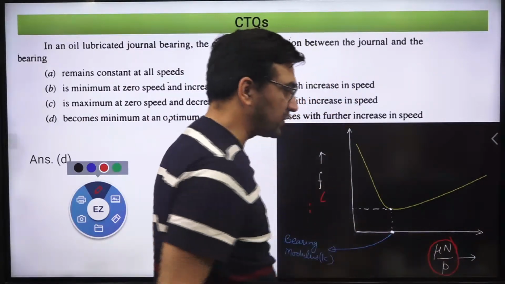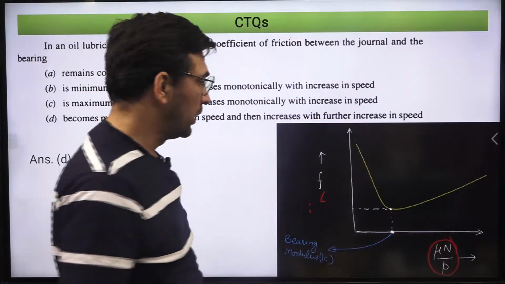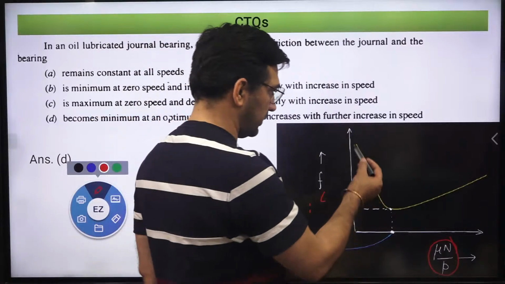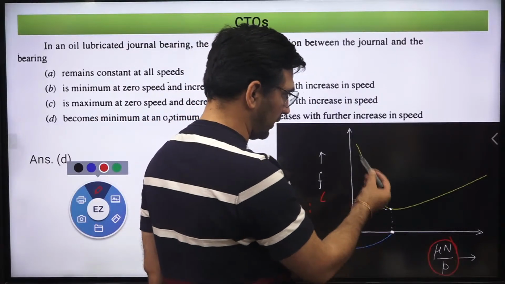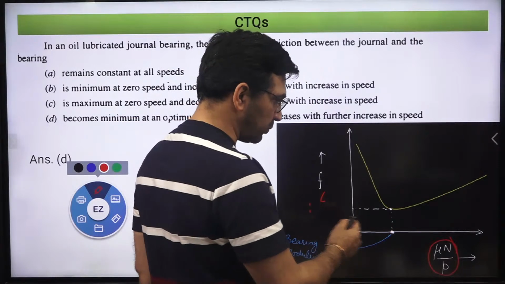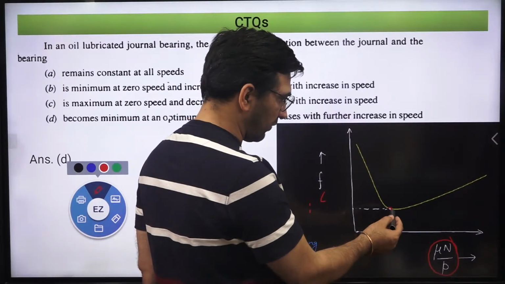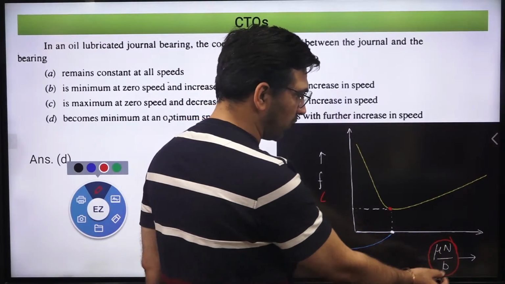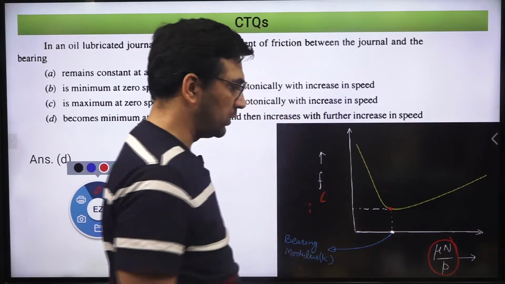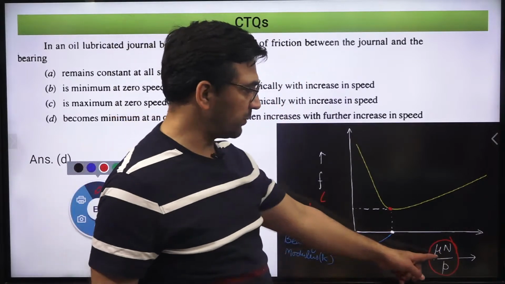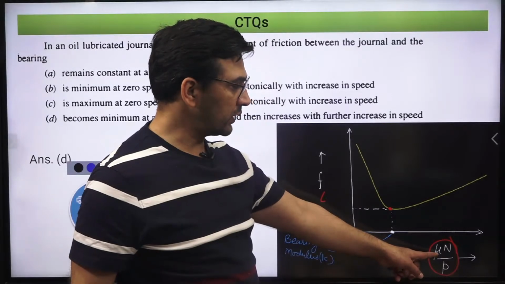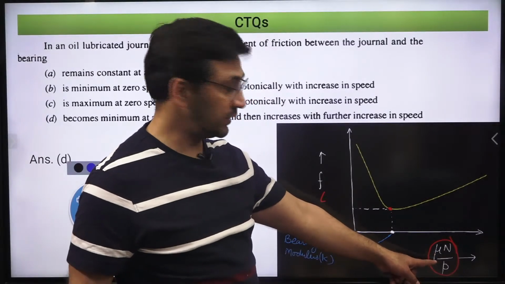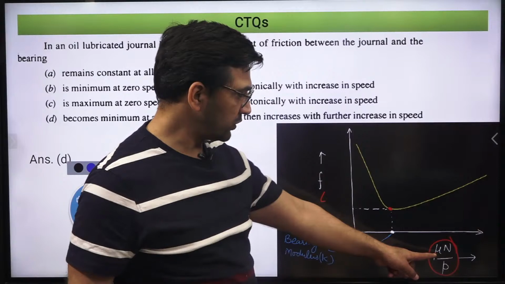This is a bearing characteristic. This is a dimensionless number. When you plot that graph, initially you're having a high friction. As the speed increases, this is for the different combinations of viscosity over here. Just keep it in mind. Mu is not the coefficient of friction, it is the viscosity, dynamic viscosity.